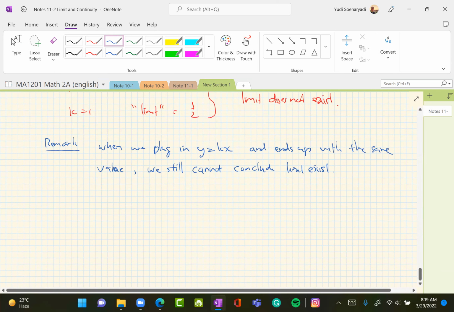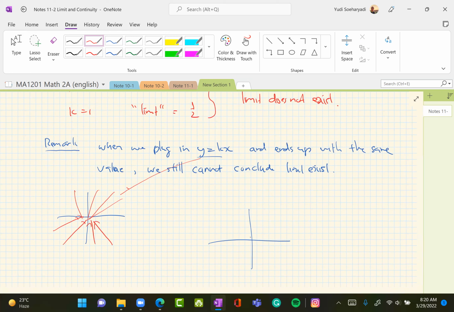So this tells you that any approach like this is the same as this approach. But in fact, there are many more approaches, for example this one.